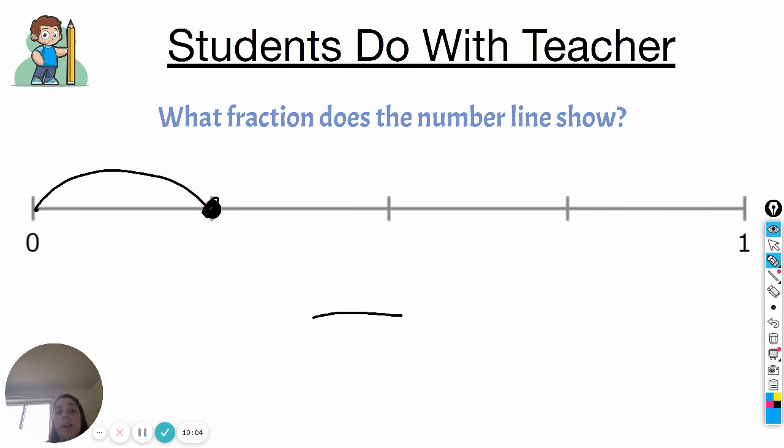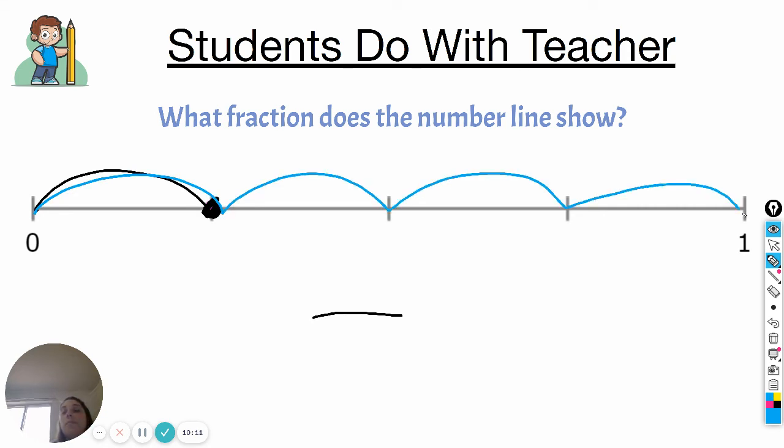Now for your denominator, how many jumps does it take us to get to 1 whole? Write that as your denominator.